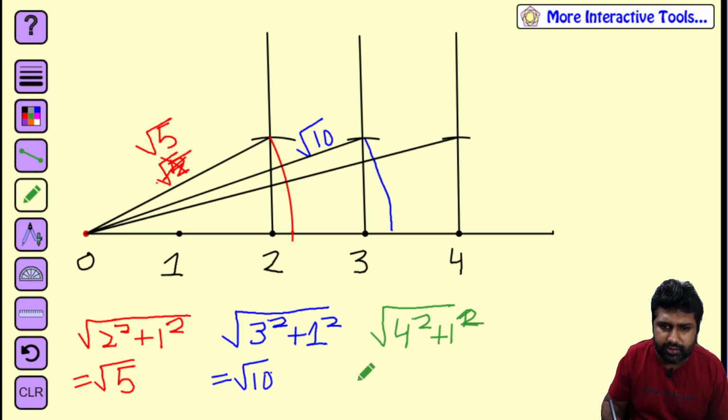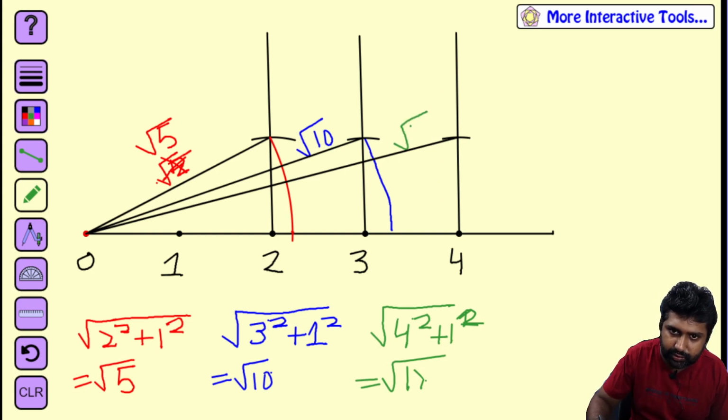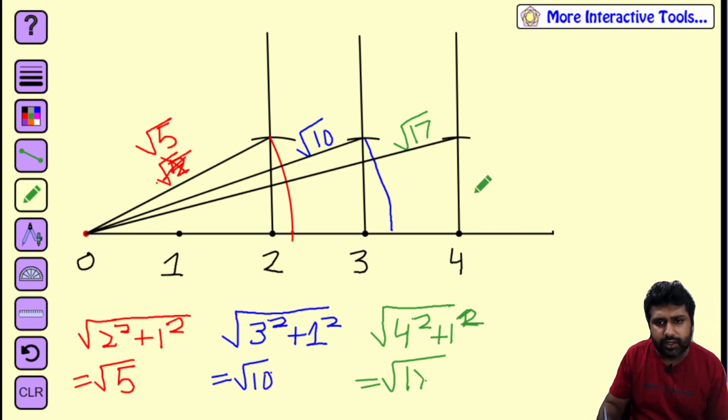That will give you root 16 plus 1, which is 17. So this one is root 17. Again, if you measure your compass till here and trace it down, it will trace it down like this, and that will give you root 17.